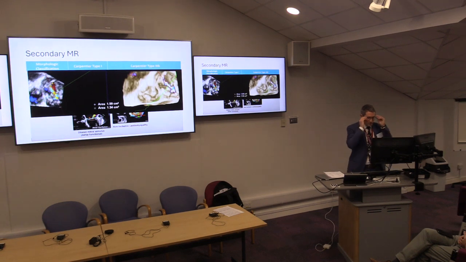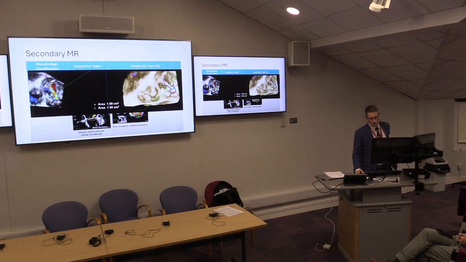This is just to remind me to tell you why I think 2D echo is really challenging. So this is a 3D reconstruction of a patient with secondary MR, and you'll see that their jet is not hemispherical, is it? So a lot of our 2D measurements on transthoracic echo are based on a lot of assumptions which are wrong.